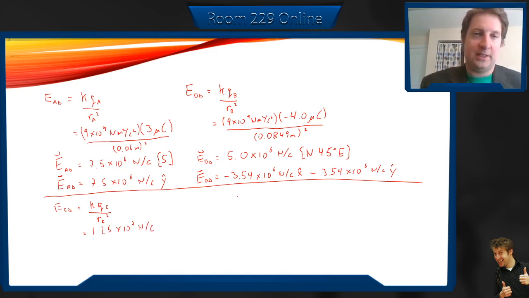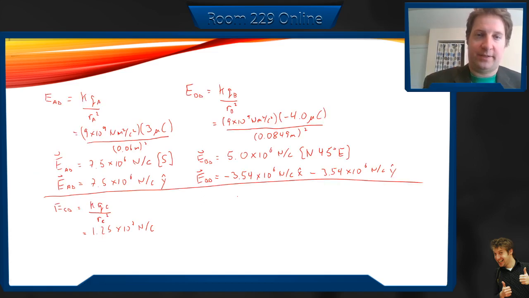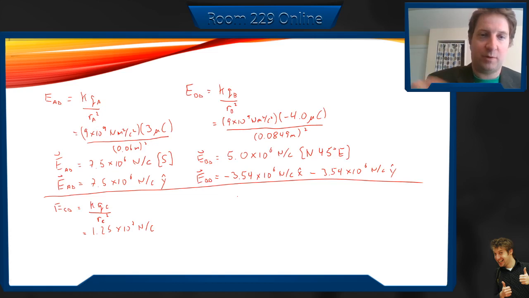And C is to the right of it, so it's positive, positive. There's going to be a repulsion felt by D. So I'm going to call this positive 1.25 in the x direction.